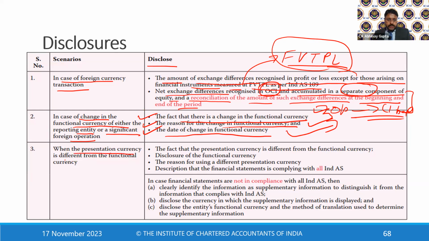Now, when the presentation currency is different from the functional currency. At the start of the session, we talked about there are three types of currencies: functional currency, foreign currency, and the presentation currency. Functional currency is the currency of the economic environment of the country in which the company operates, right?